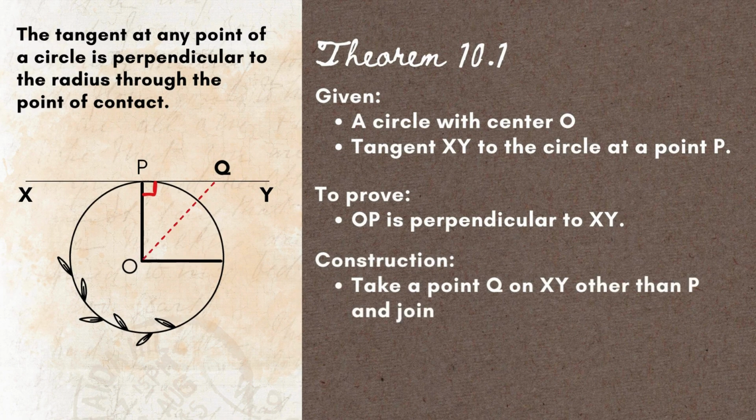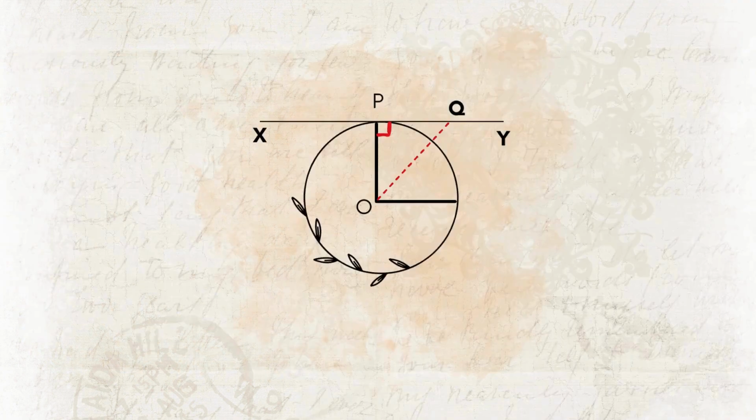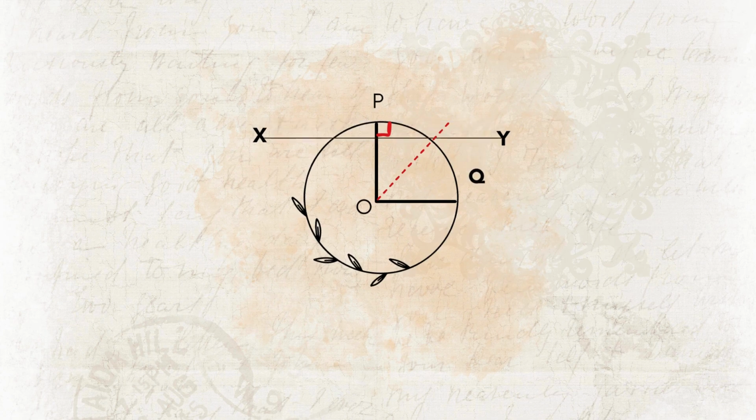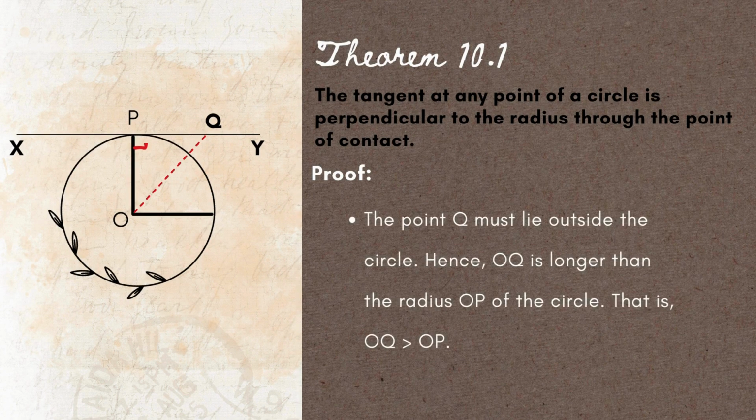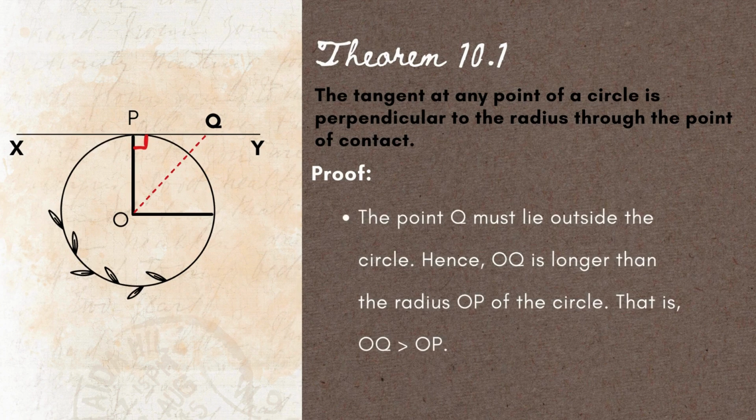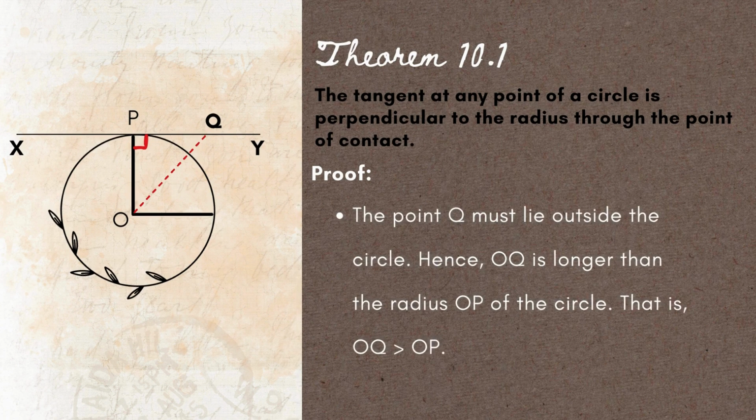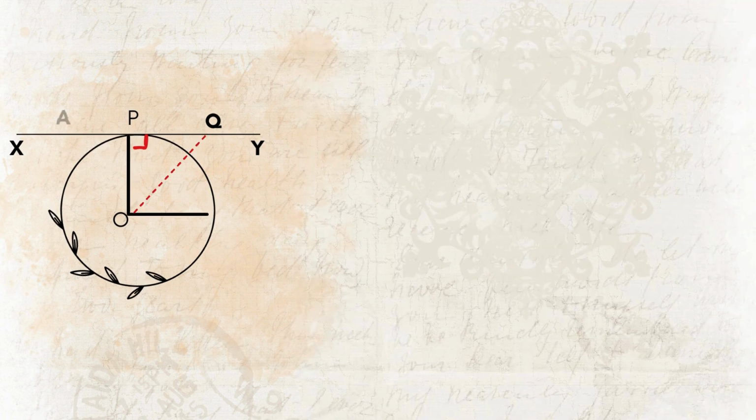First, please understand that the point Q must lie outside the circle. Why? That is because if Q lies inside the circle, XY will become a secant and not a tangent to the circle as given. Therefore, OQ is longer than the radius OP of the circle, that is, OQ is greater than OP.